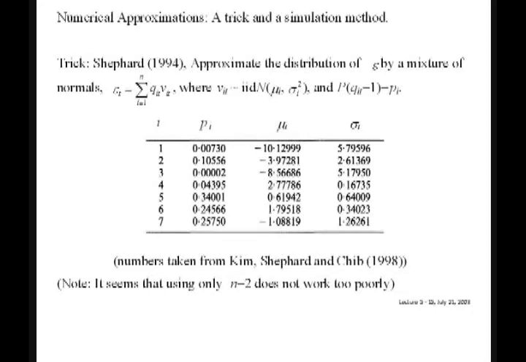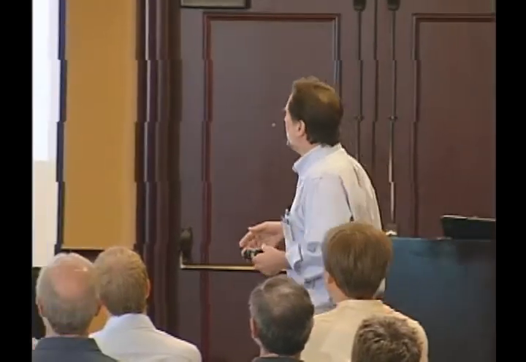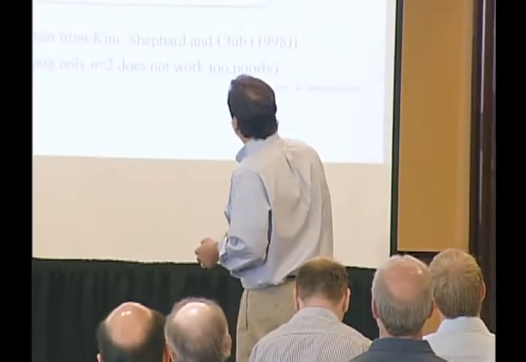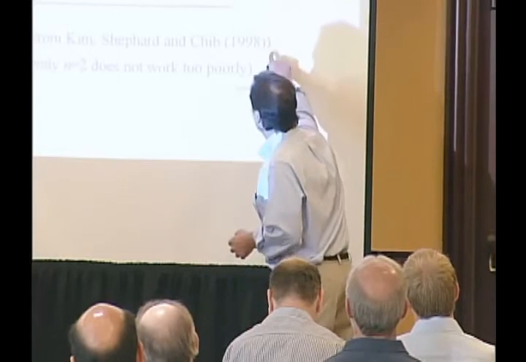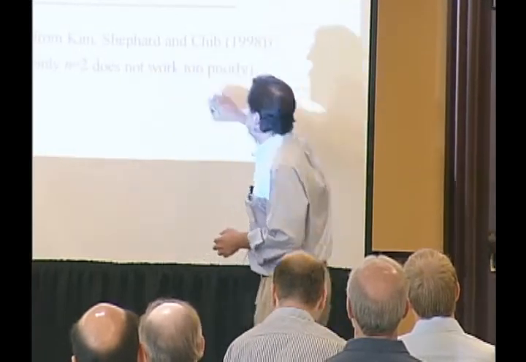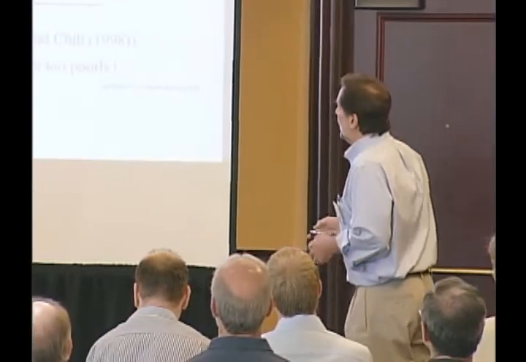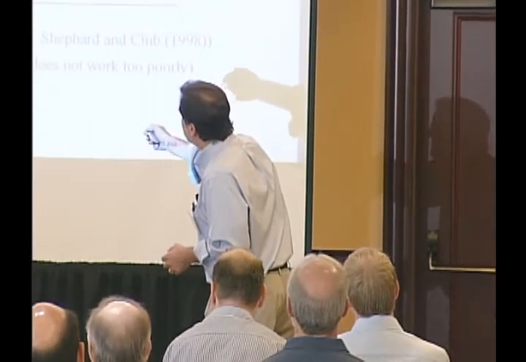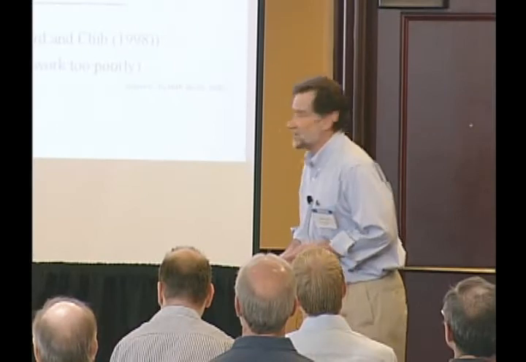We're going to approximate this log chi-squared 1 density by a mixture of normals. So here, following Shepard, or actually these numbers come from a paper by Kim, Shepard, and Chib, we're going to approximate this epsilon as a mixture of 7 normals.